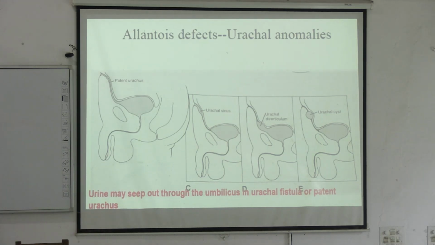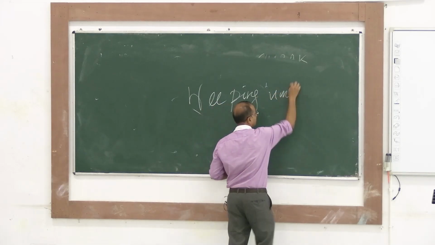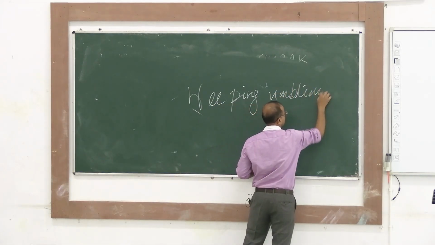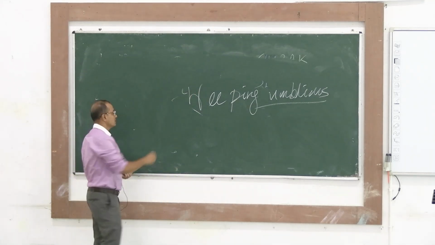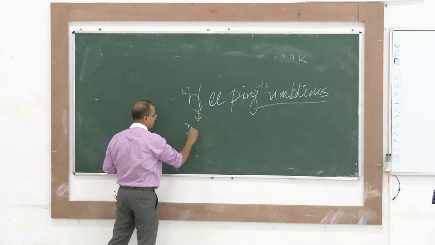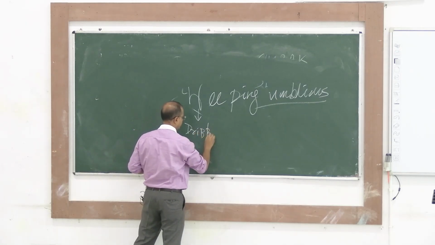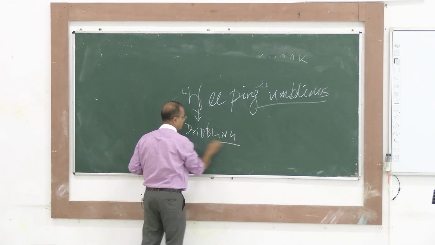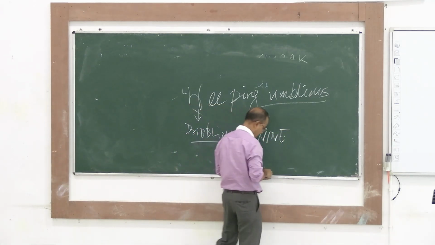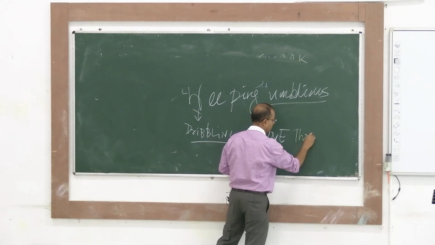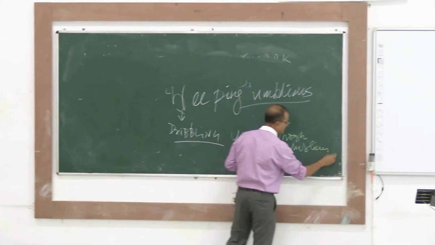We call it weeping umbilicus. Weeping umbilicus means it is dribbling urine through the umbilicus.